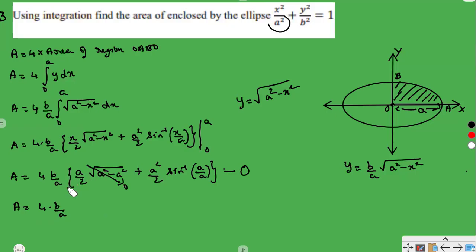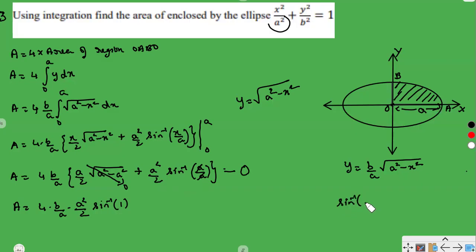So now we find 4 into b by a into, within this curly bracket, only one term is left, so I don't need to retain my bracket. 4 into b by a into a square by 2. A gets cancelled, it is 1.